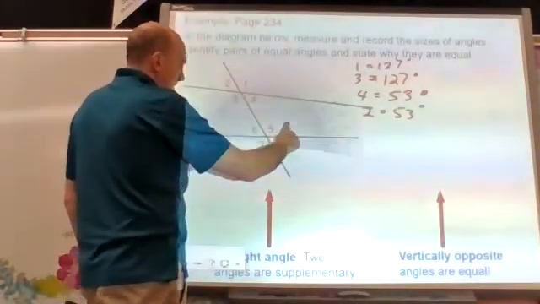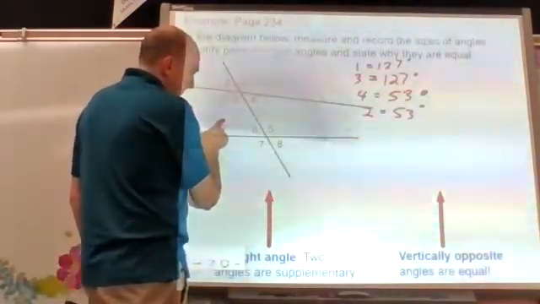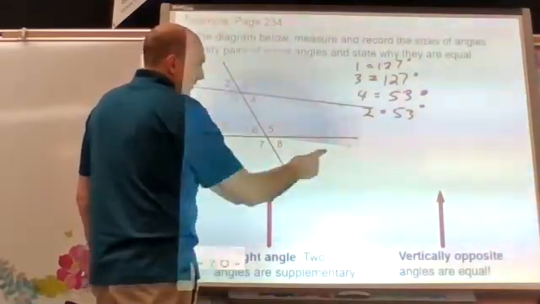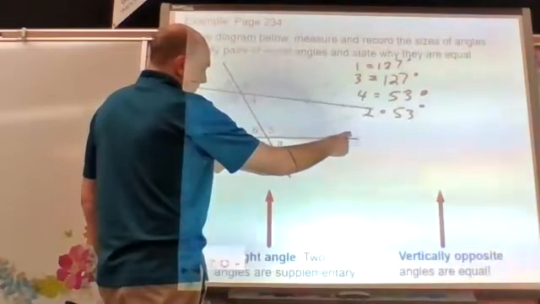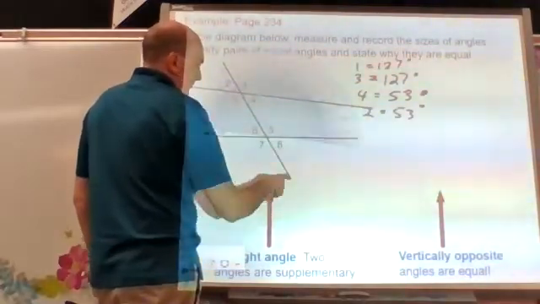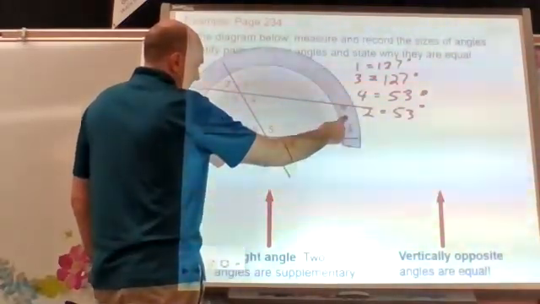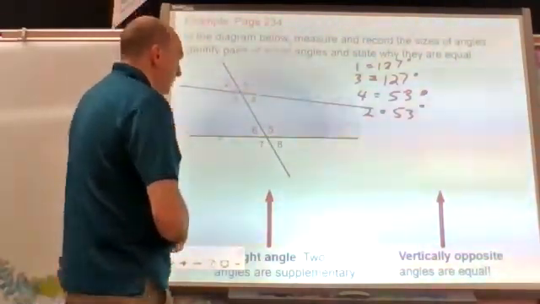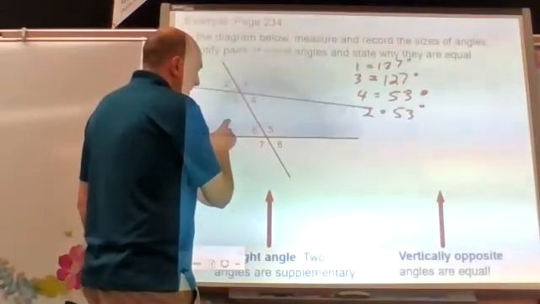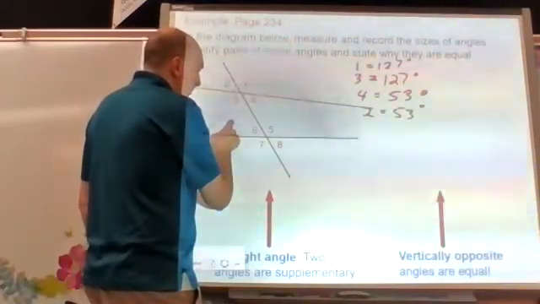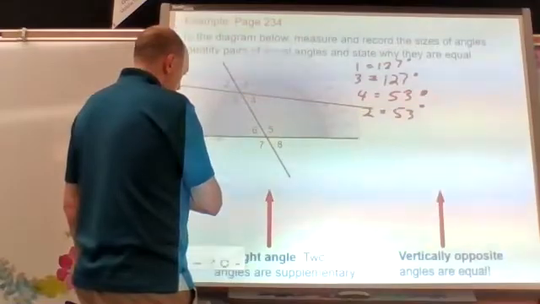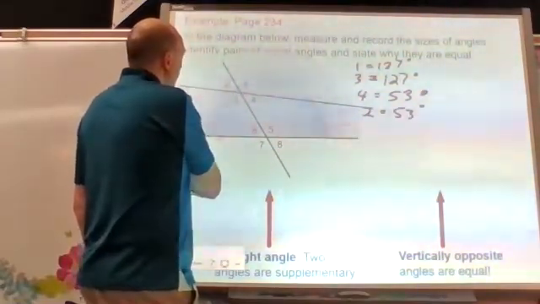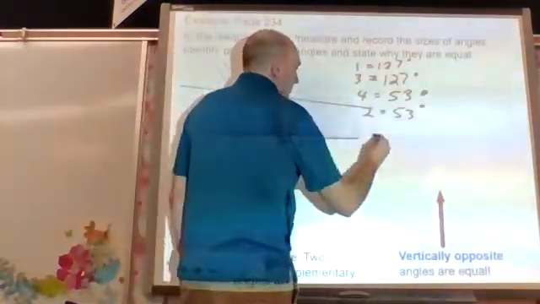What about on the bottom here? See if this lines up a little better. Okay, that looks pretty good. What is my angle 6? Angle 6 looks like it's right on 60 degrees.